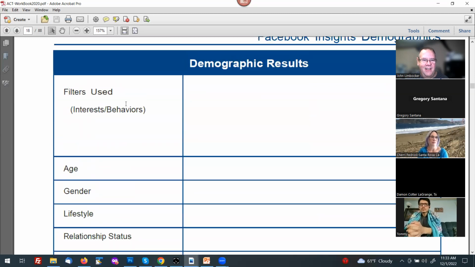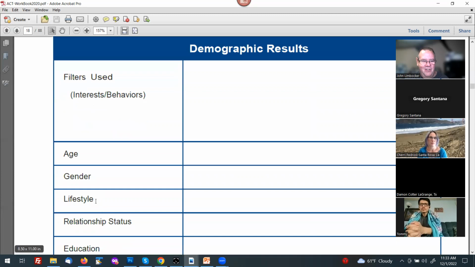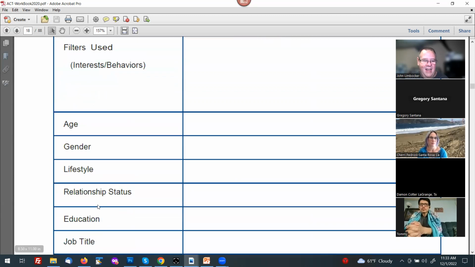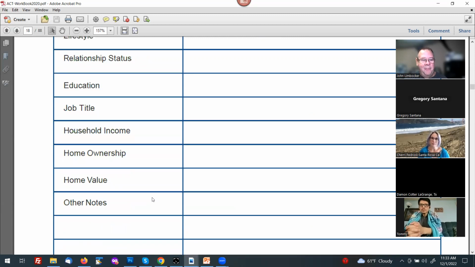You've got here the demographics: age, gender, lifestyle, relationship status. Are they married? Are they not? Sometimes it won't matter. If it doesn't matter, just skip it. Leave it blank, or write in something that you know does matter that I missed. Just use it as a guide.